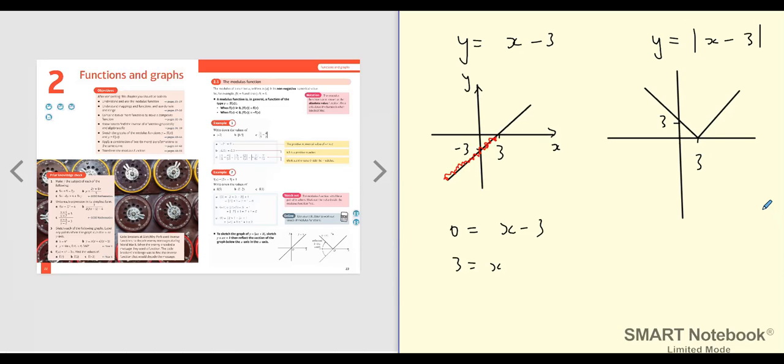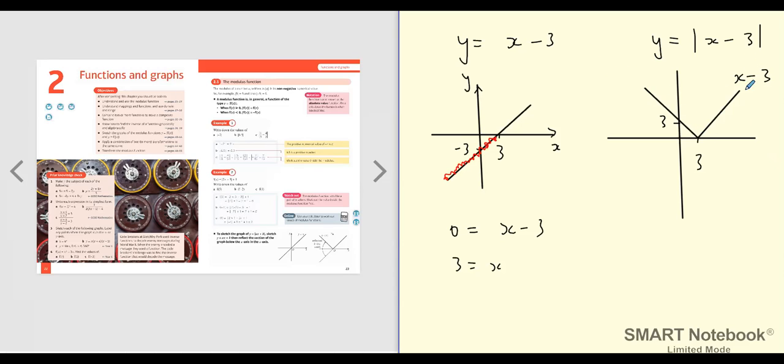Now, the most important part of this is to label the equation of the graph appropriately. So the unchanged bit, i.e. the positive bit, is still x minus 3. The equation of that line is still x minus 3. What is the downward sloping line?